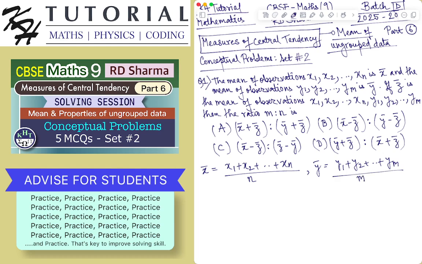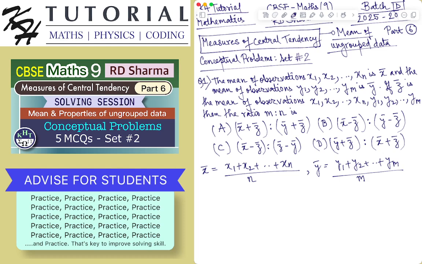Now, if z bar is the mean of the combined observations of x1 up to xn and then y1 up to ym, then we have to find the ratio of m is to n.